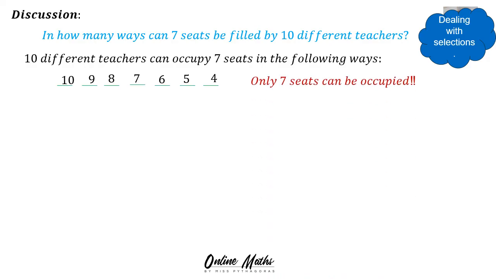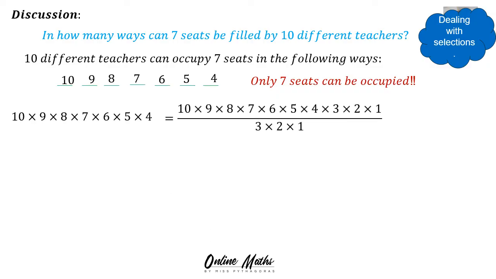So how do we write this? Only 7 seats can be occupied. In other words, to find the answer here, do you agree that can be represented as 10 times 9 times 8 times 7 times 6 times 5 times 4?